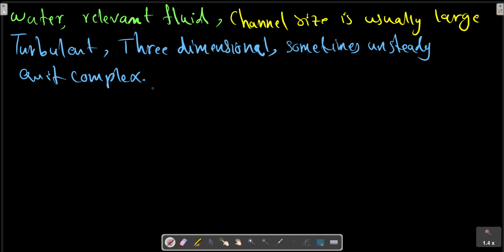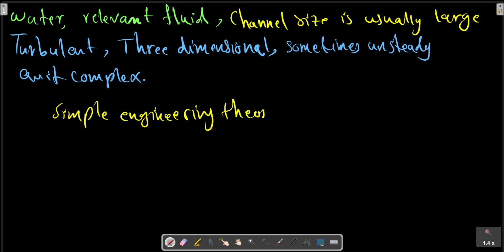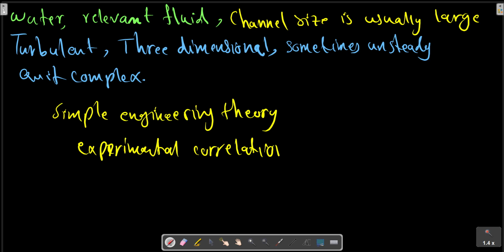This chapter presents some simple engineering theories and experimental correlation for a steady flow in a straight channel.